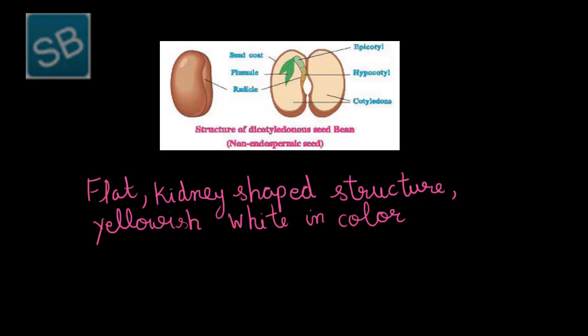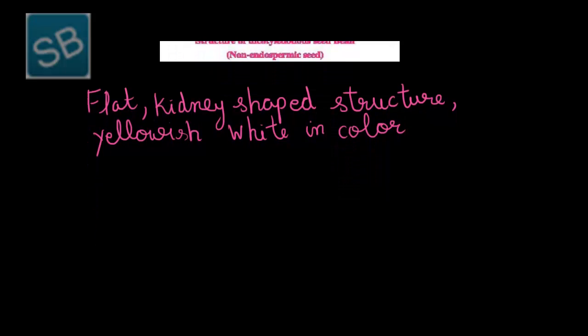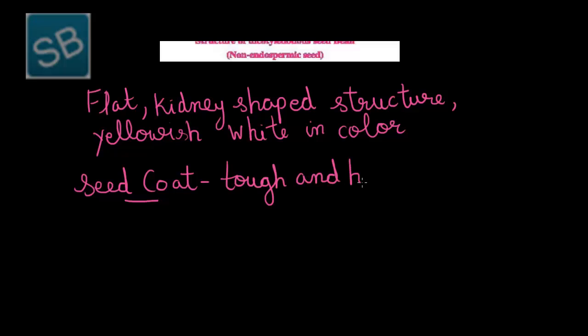Now, as we all know, the outer layer of seed, which is known as seed coat, in bean is tough and hard in nature and is the outermost region.